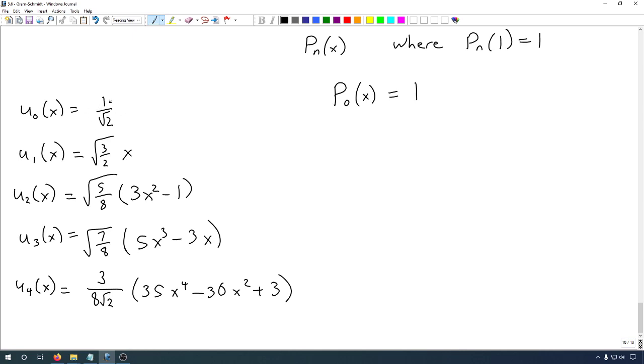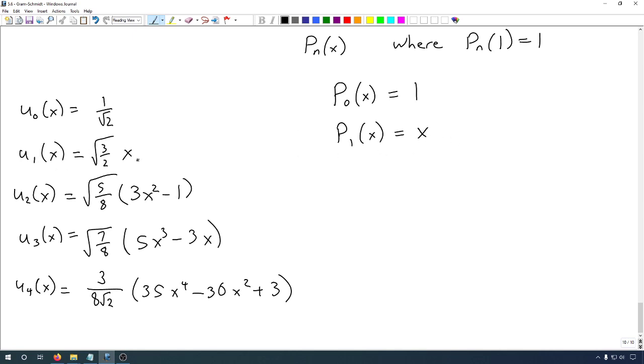So one thing you could do here is you could plug 1 in there, see what you get, and then divide by that number, which would just get rid of the 1 over square root 2 that we have here. Similar thing happens with p1. What's the polynomial of degree 1, a scalar multiple of this u1 that we have here, that does satisfy this condition of p1 of 1 equals 1? Well, this is going to be x.